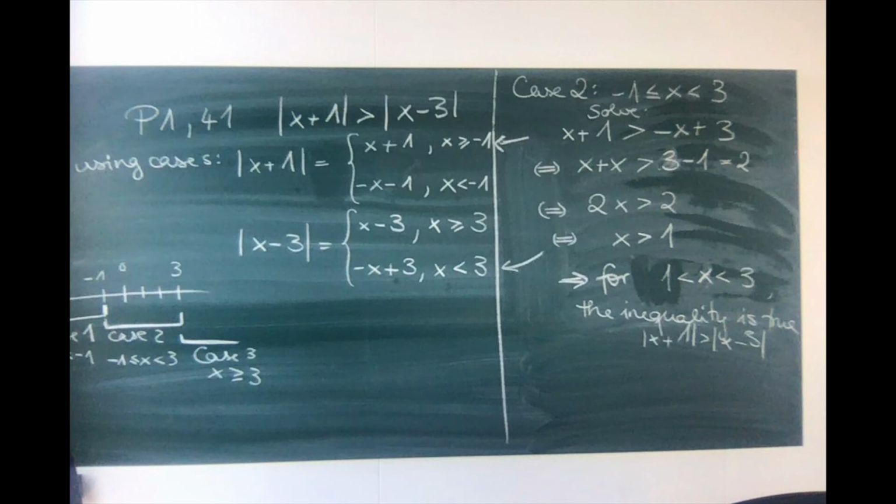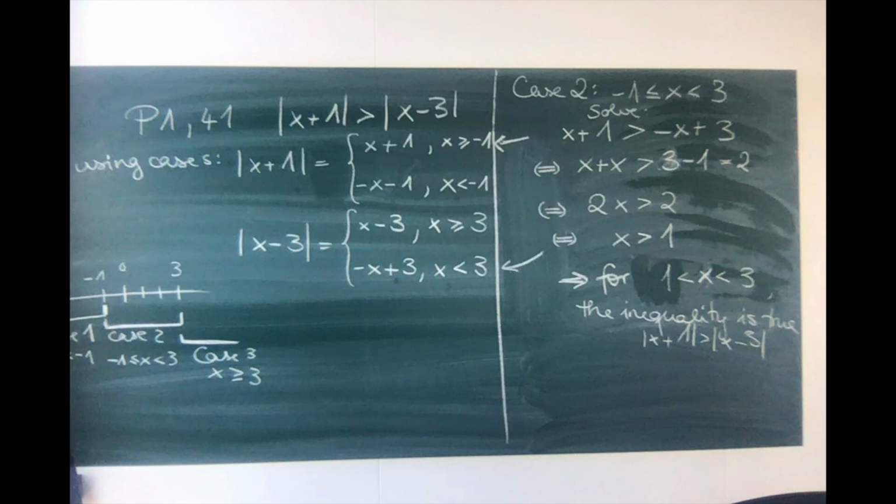So it's true for x larger than 1, and we know that they should also be smaller than 3 because we're restricted to only x's between minus 1 and 3 in our case. So we cannot say yet that the inequality is correct for all x's greater than 1. Here we can say that it's true for all x's that are greater than 1 in the interval that we are considering. So 1 smaller than x smaller than 3 is here the solution.